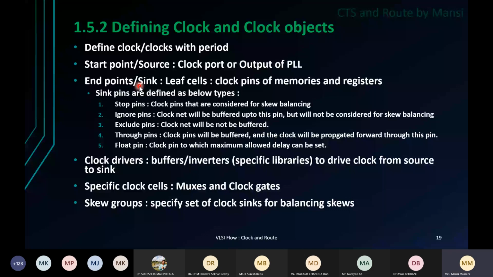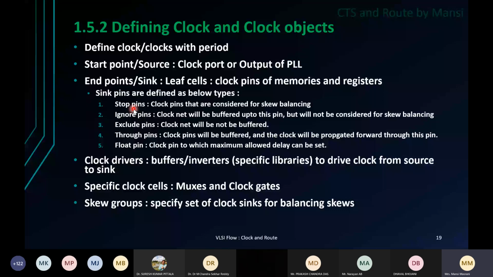So the general endpoints are all called sync. Now sync pins are also defined as below. Stop pins: these are the list of pins, these are the flops and their clock pins, up to which I want to balance my clock tree.